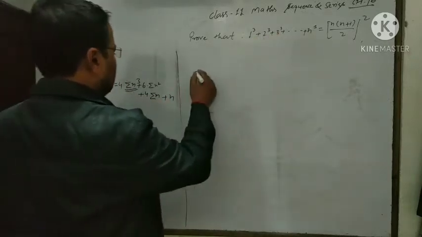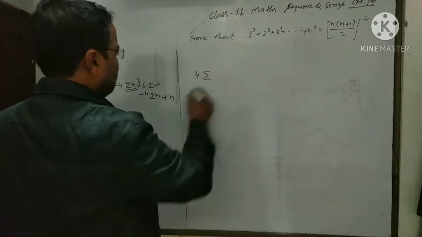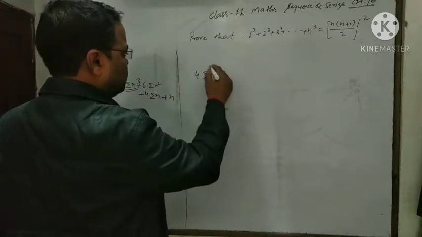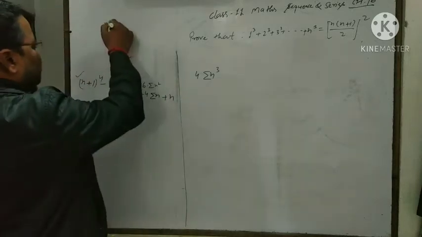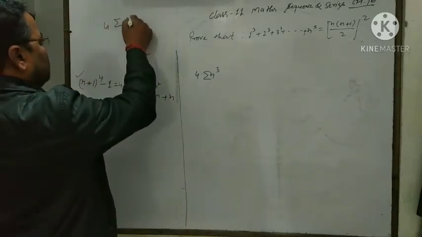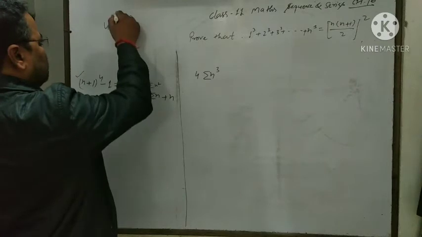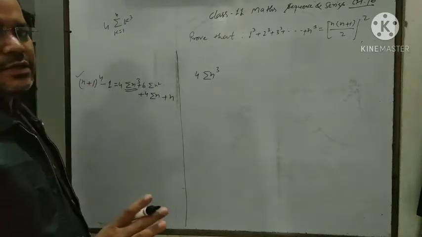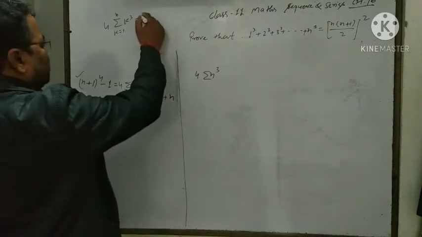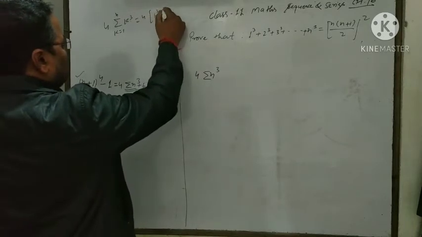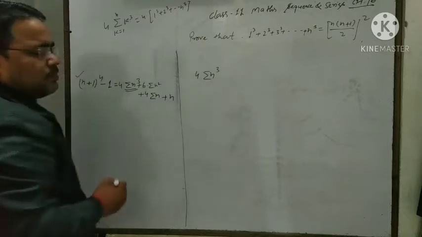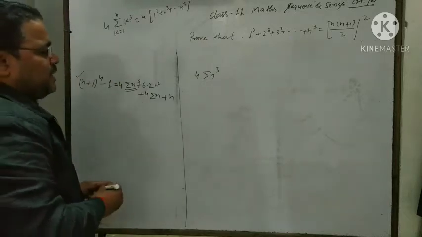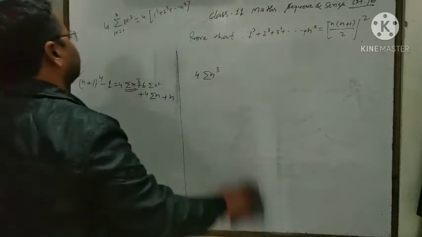We can write here 4 times the sum of the first n cubes. This can also be written this way, 4 times sigma k cube, k is equal to 1 to n. We can write like this way also. Similarly, this can be written as 4 times 1 cube plus 2 cube plus up to n cube. But for convenience, here I am writing like this.